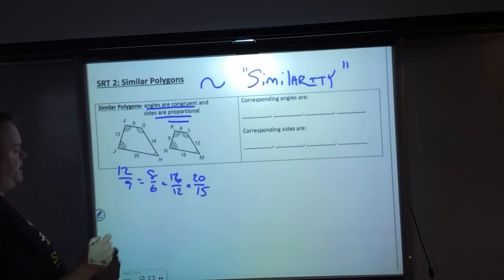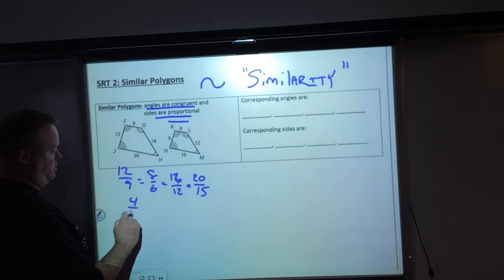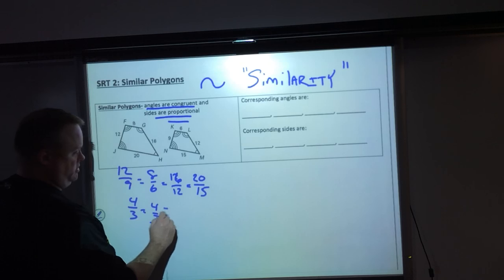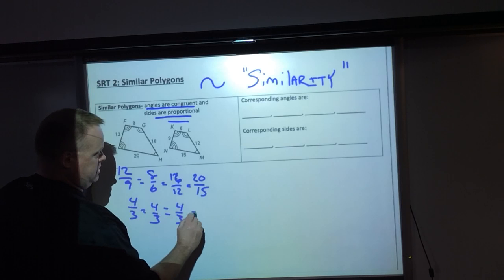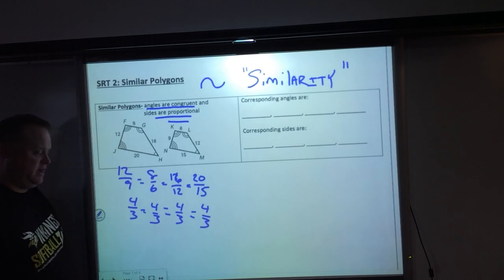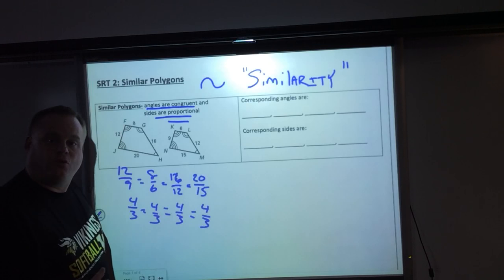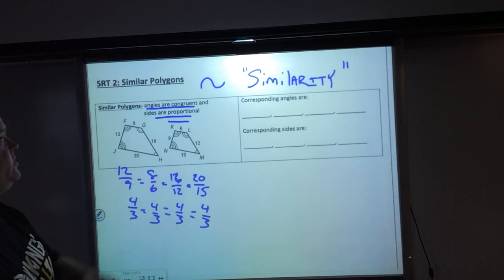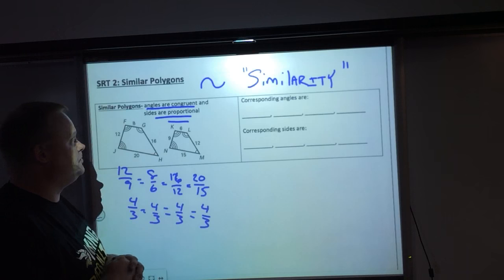Well, 12 over 9 is 4/3, and the others are 4/3, 4/3, and 4/3 when I reduce them. Notice that all of them are 4 over 3. So they are proportional, and I know that these two figures are similar.